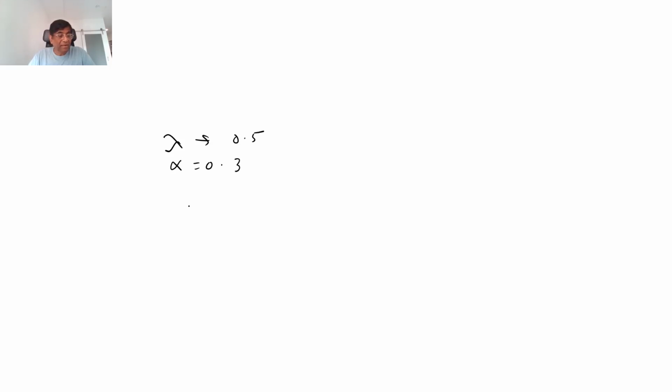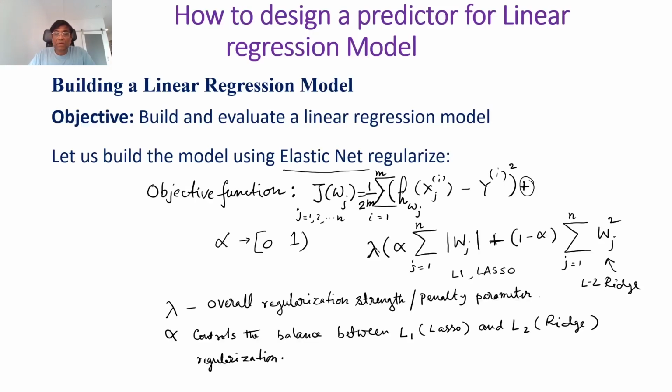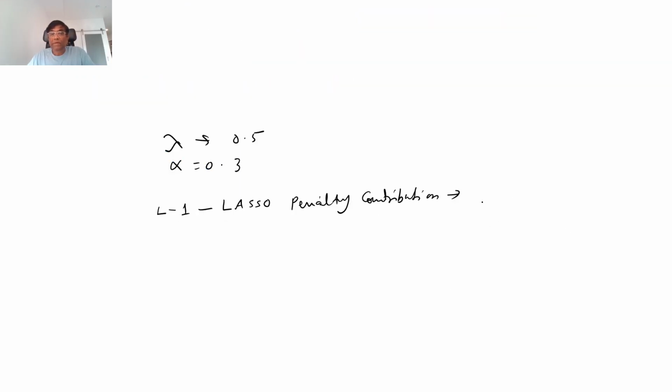Then the L1 or lasso penalty contribution, this multiplied by this, will be 0.15.